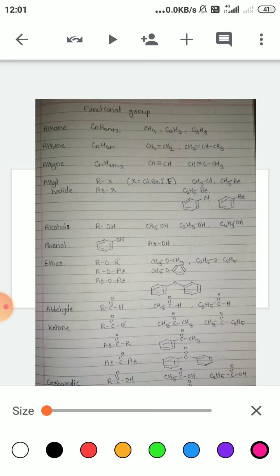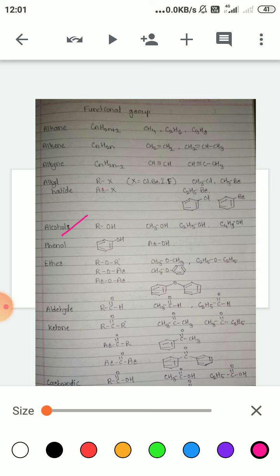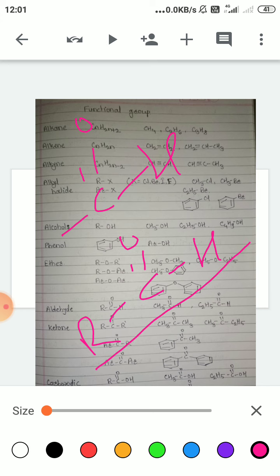Now from aldehydes onward, the carbonyl compound functional groups start. We can define aldehydes in two ways. Hydrocarbons containing a C double bond O H group are called aldehydes, or if the carbonyl group is attached to one hydrogen atom and one alkyl group, they are also called aldehydes.